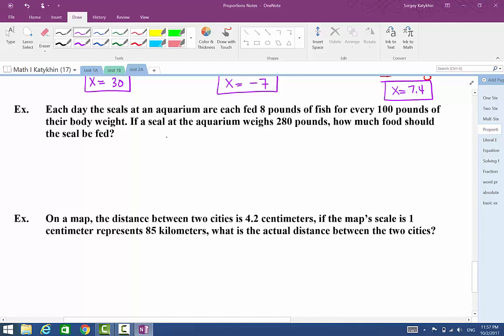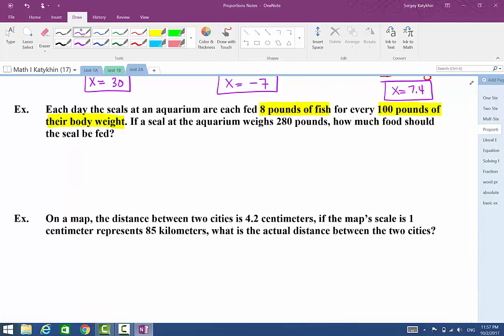The first ratio that I'm noticing is the following. It says a seal in an aquarium is fed 8 pounds of fish for every 100 pounds of their body weight. So that's the first ratio I see.